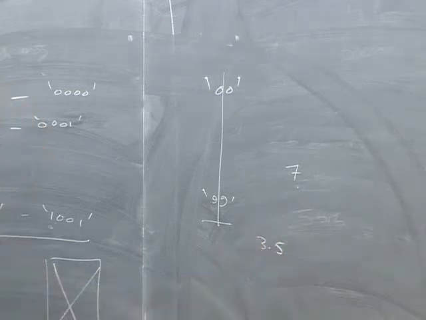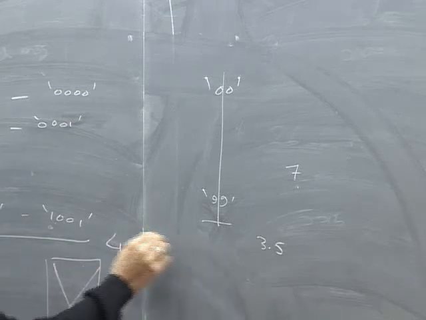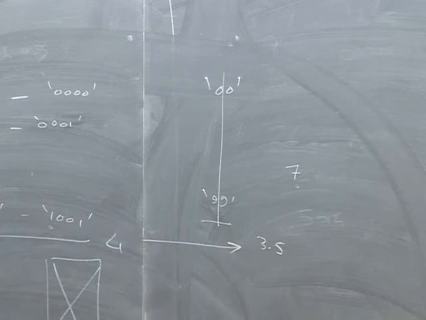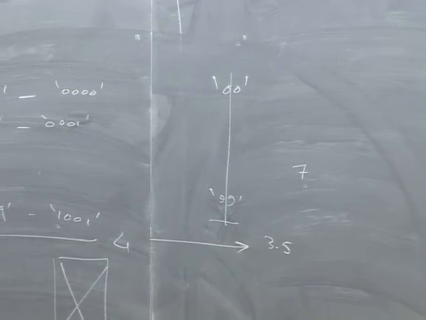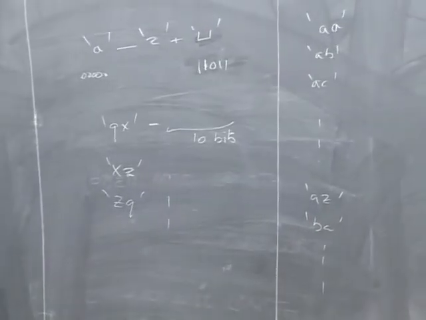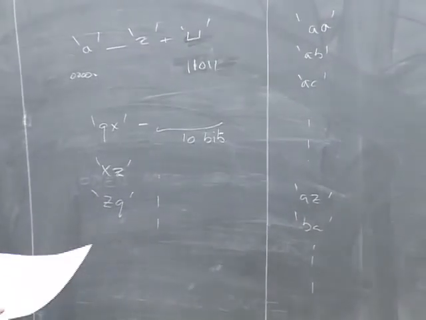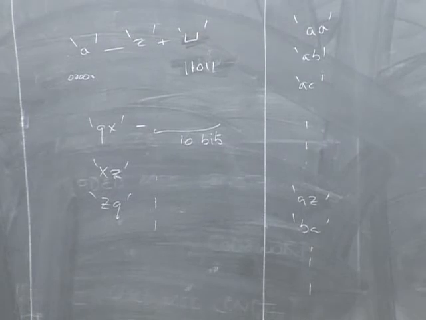So my coding efficiency is 3.5 bits per message symbol. So it gets better, right? From 4 down to 3.5, which is good. And similarly over here, I'm going from 10 bits down to, let's say, 9 bits if I use this. So these are 2 ways I can certainly improve my coding efficiency.